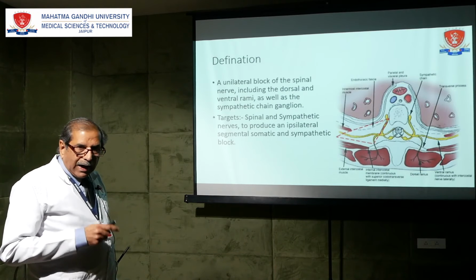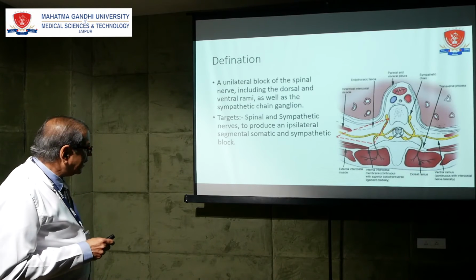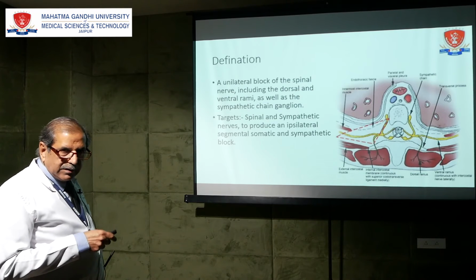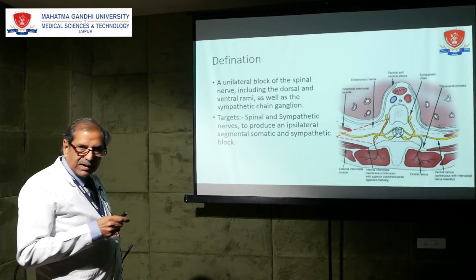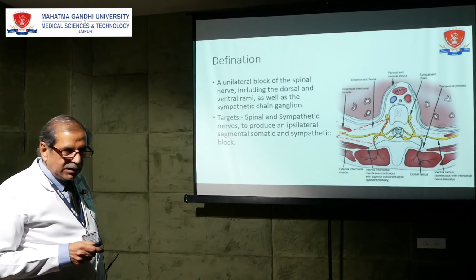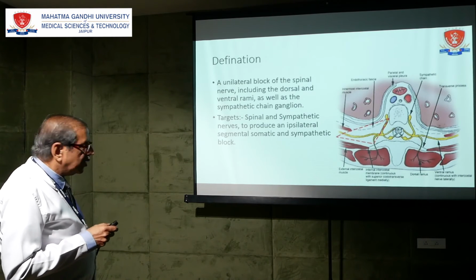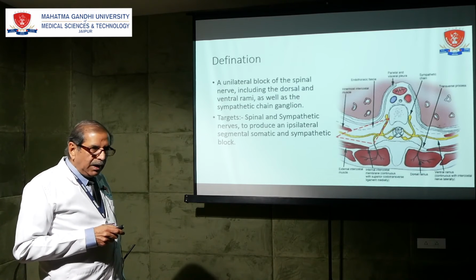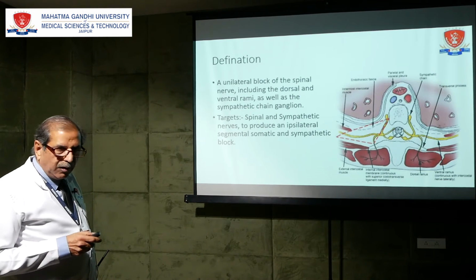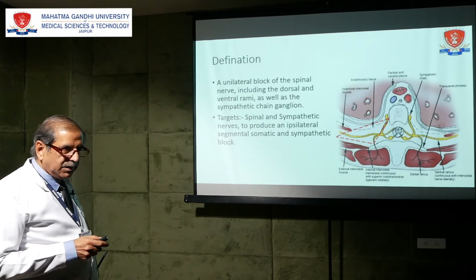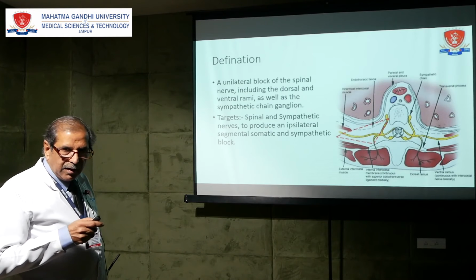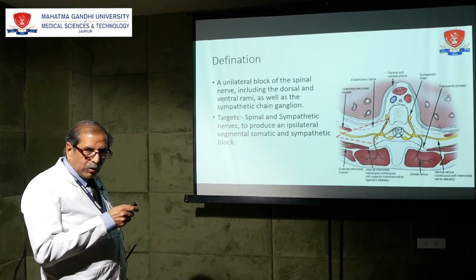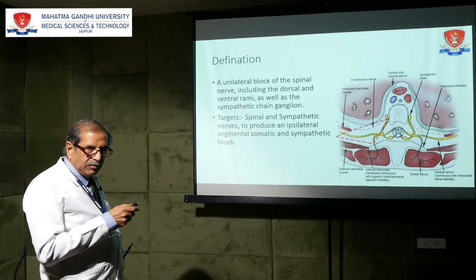Now, as the name suggests, paravertebral, you know that in the midline there is vertebral column and there are several structures situated adjacent to it. So, when we talk about block, it means blockade of neural pathways. These neural pathways are in the form of individual nerves, nerve trunks and plexuses. Some of them are located adjacent to the vertebrae.